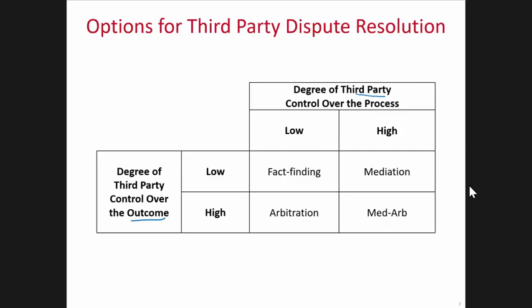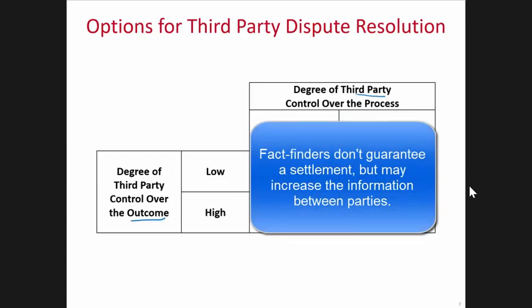Another form of third-party resolution is called fact-finding. In a fact-finding scenario, that person has little power over the process and little power over the outcome. The fact-finder investigates the bargaining impasse and issues non-binding recommendations for the settlement.